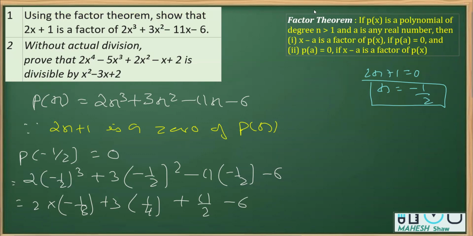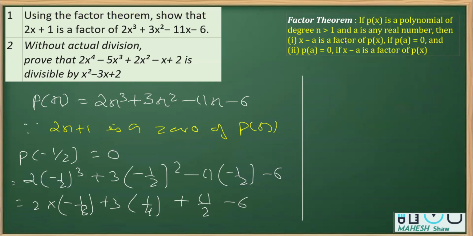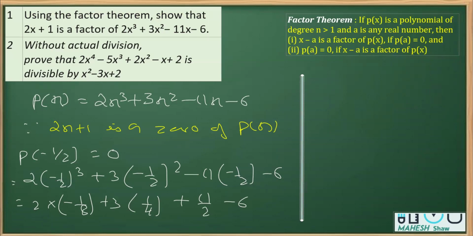Now, after that, we'll be simplifying it. For simplification, I'm doing it on the other side. You can see that here some part is getting reduced. I can reduce this 2 with 8, that is 4 times.